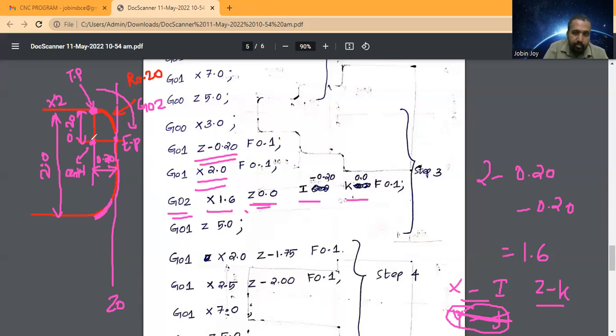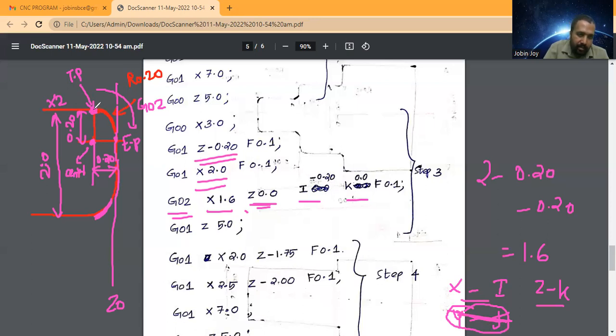This is the X movement, and this movement is the Z movement. So what is the X parameter? That is I. This is the tool's position and this is the origin, so it is in the downward direction. That's why I will enter I minus 0.20.